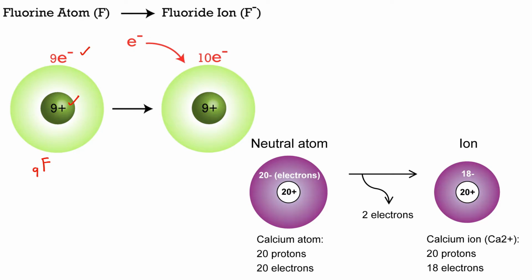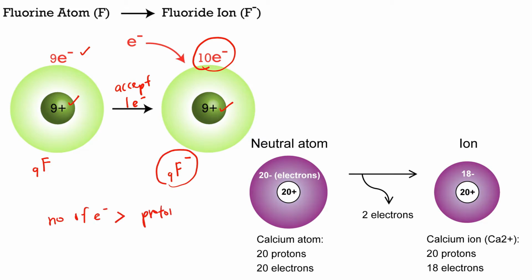When this fluorine atom accepts 1 electron, it becomes a fluoride ion. For the fluoride ion, the number of protons is exactly the same, but now the number of electrons is no longer equal to the number of protons. It becomes 10 electrons. So when we form an anion, the number of electrons is more than the proton number.